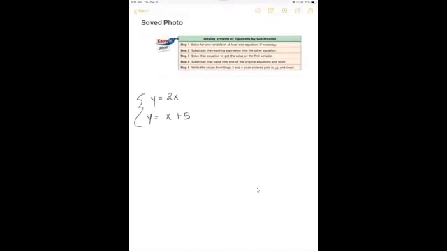If I were you, I would always have these steps handy, which is why they're included in the slides. So the first one says solve for one variable in at least one equation if necessary. Substitution is when you take a number or a variable or an expression and you put it into another place, like a placeholder.